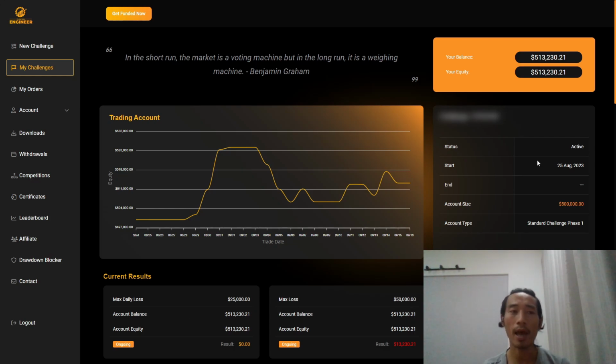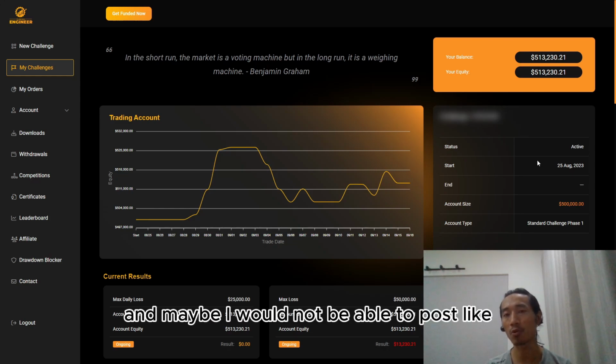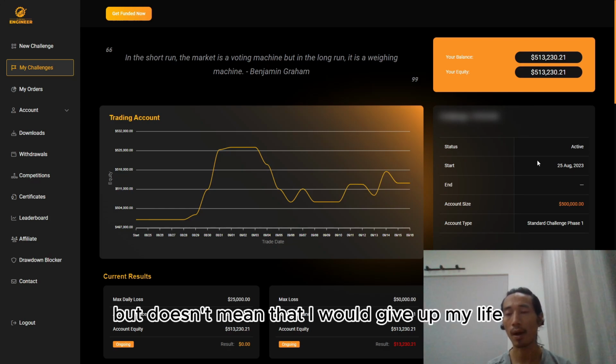Just a heads up that in October things are probably going to be a little slower, because when I travel, I don't think I'm going to take a lot of trades. Maybe I will try, but it's a different story, and maybe I will not be able to post on a quick basis. I want to give value, but it doesn't mean that I will give up my life.